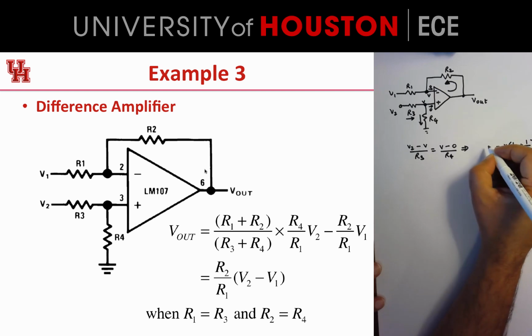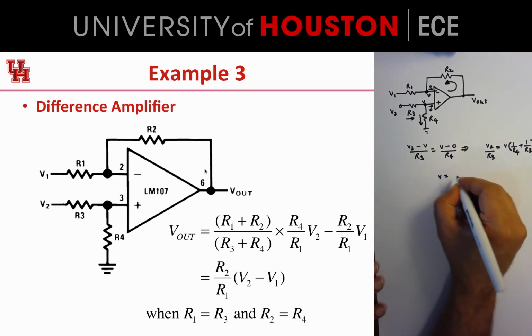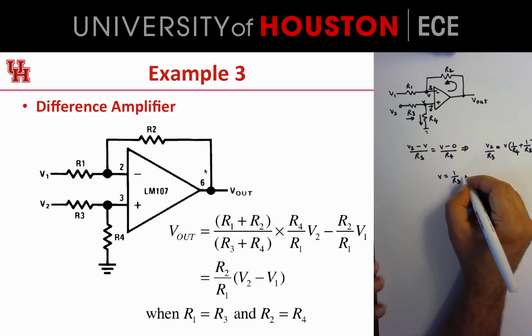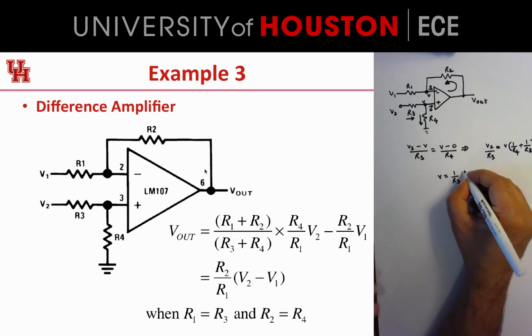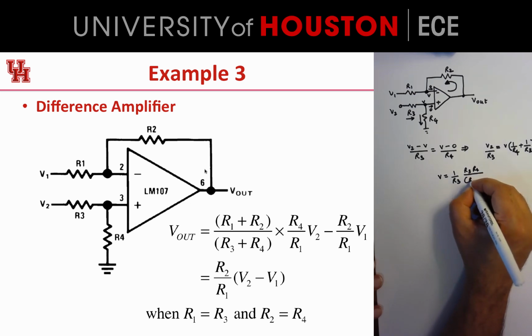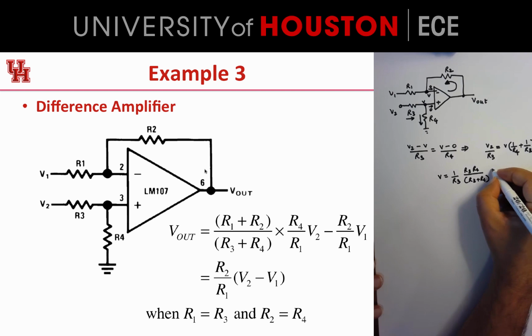On the left hand side I have V2 over R3. So V is 1 over R3 times R3 R4 divided by R3 plus R4 times V2.